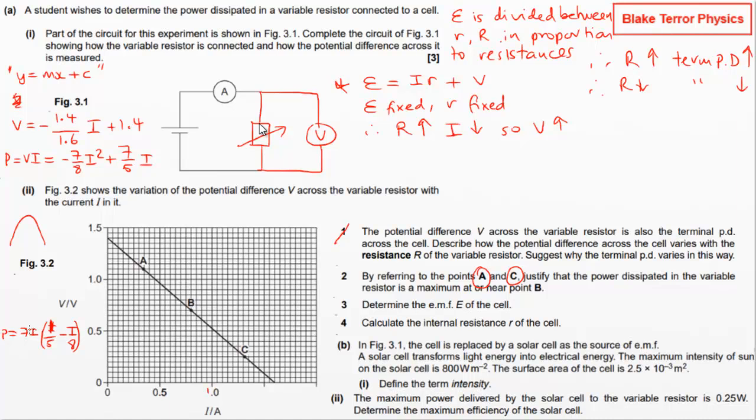So it's going to be halfway between 0 and whatever the root of this is going to be, which is 8 over 5. So our maximum is going to be half of 8 over 5, which is 4 over 5. So P max when I equals 4/5, which is pretty much where B is. So at B. Right, so I've done that without any reference to A and C.